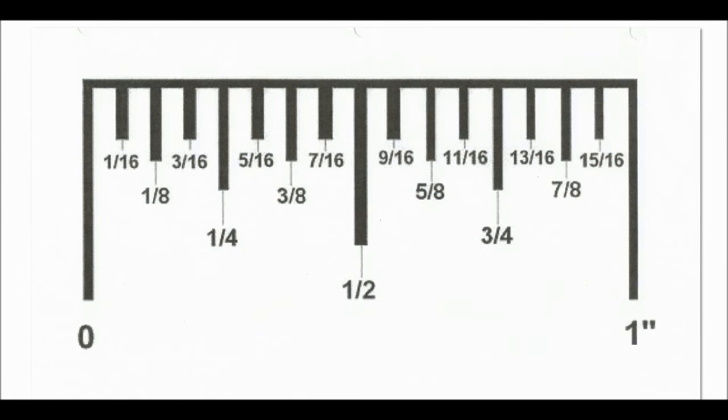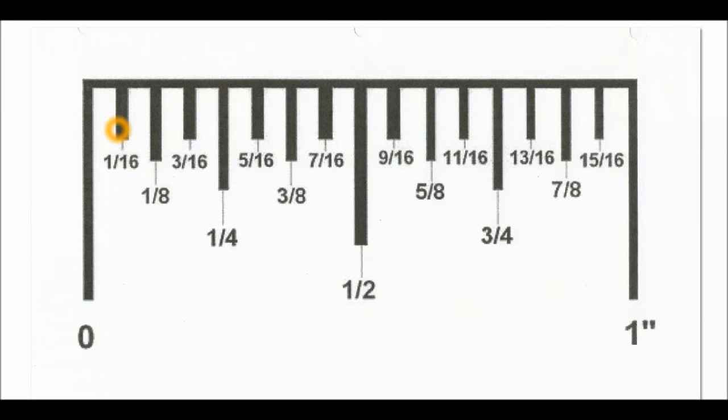Now let's look at this in a different format. I have taken the liberty of blowing up a 1-inch ruler and placing within that 1-inch ruler the measurements. Those 16 lines are here again, represented with an actual fraction beneath them.